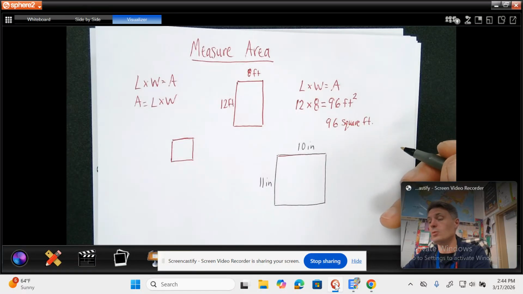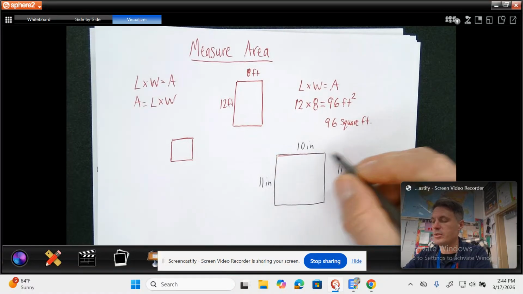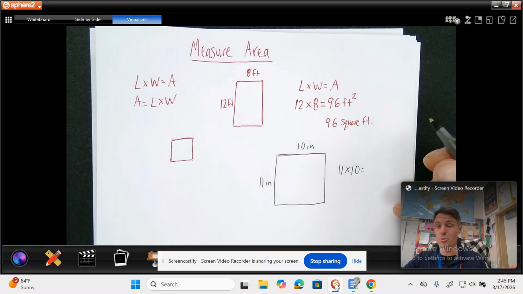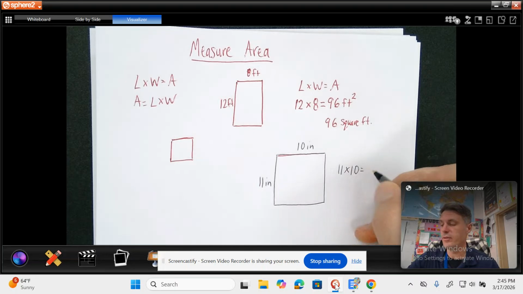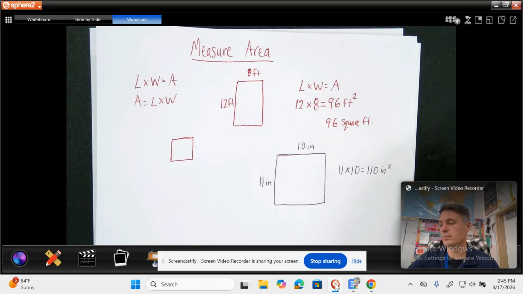Length times width equals area. So you could see 11 as the length, so 11 times 10 is the width. And by the way, it doesn't really matter which number you see as the length and which number you see as the width. It's kind of just your perception. So you just have to multiply both numbers together. So 11 times 10 is 110, and it's 110 inches squared.